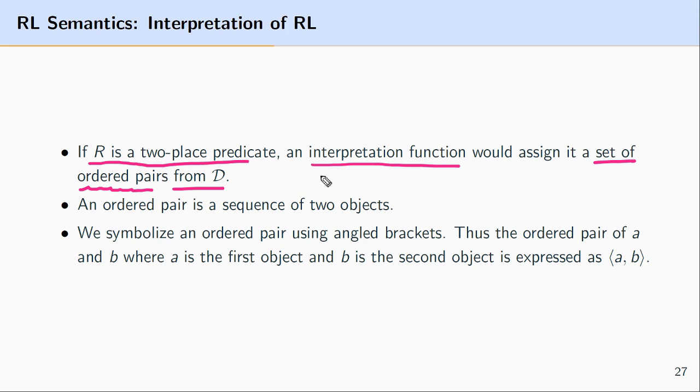A set of ordered pairs, or rather an ordered pair, is a sequence of two objects. And we can symbolize an ordered pair using angled brackets.